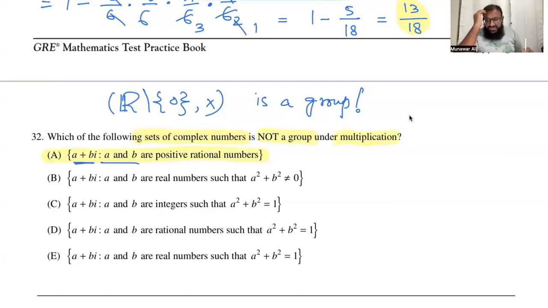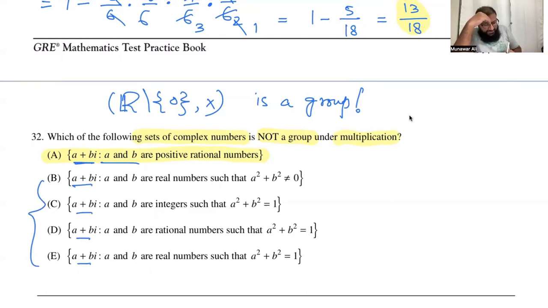This is not a group because you have to check the properties, and it does not satisfy one of them, while the rest of these are all groups. You can check in all of these what is the inverse of a plus bi.